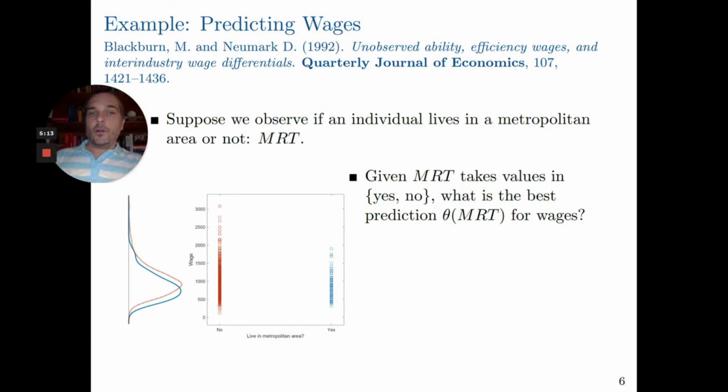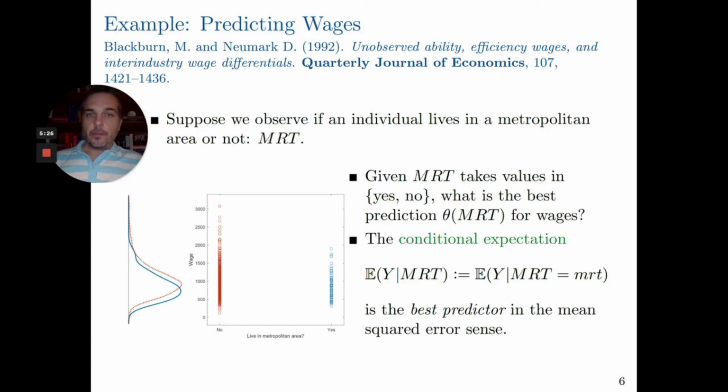So we want to know what's the best predictor, theta, of wages, given that we observe the variable MRT. Okay? So the conditional expectation is the best predictor also in the mean squared error sense, in an analogous way to the case that I showed in the previous slide. Okay?